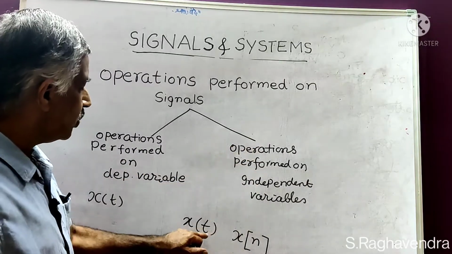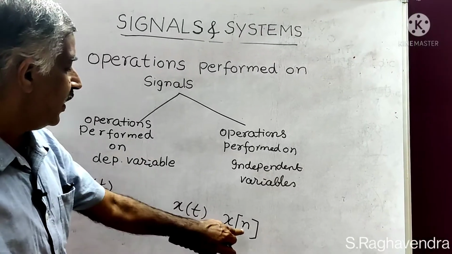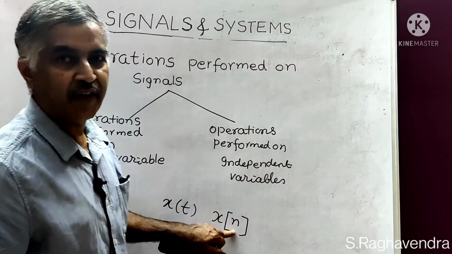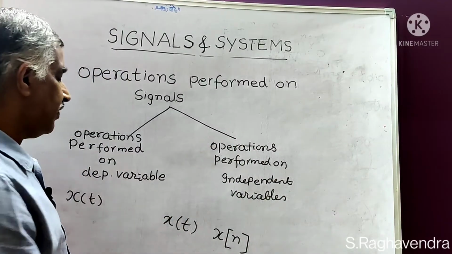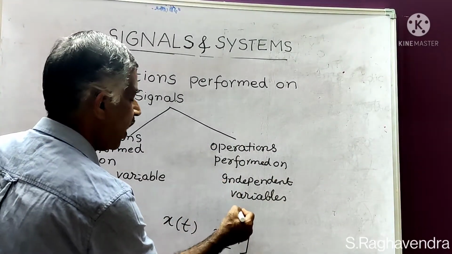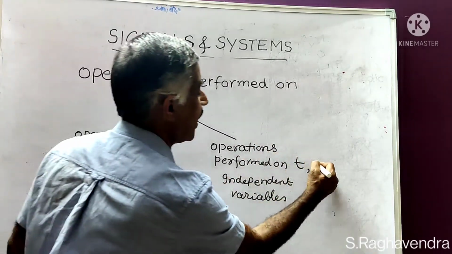Whereas here, in the parenthesis, t is the independent variable. In the discrete case, n is the independent variable. Operations performed on independent variables means operations performed on t or on n.